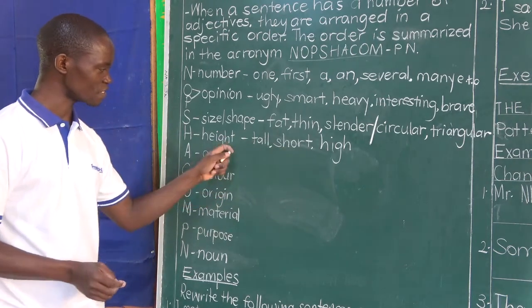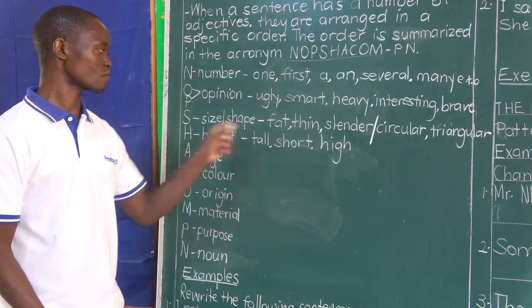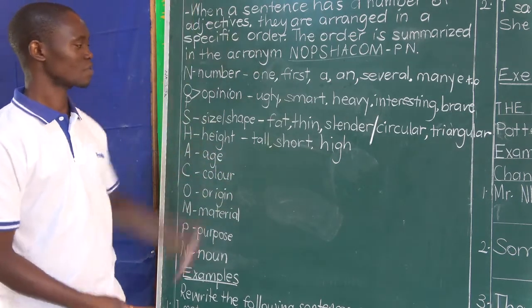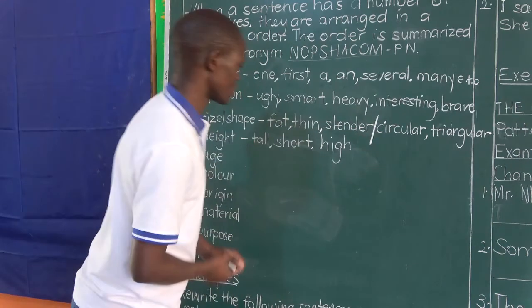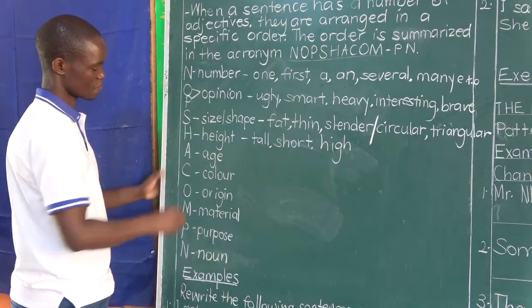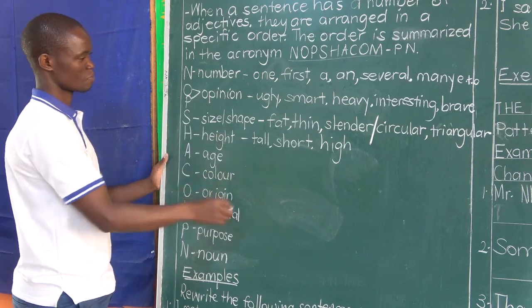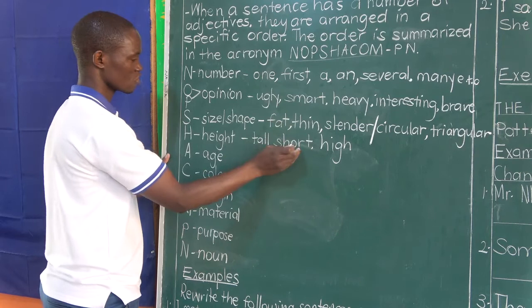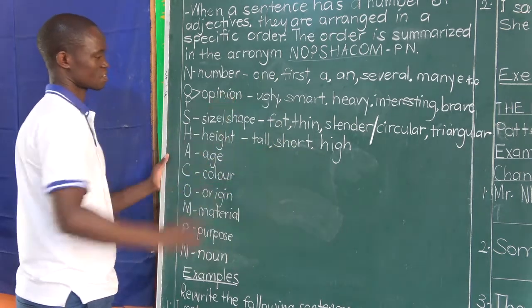Is long under height? No. Long will go to size because height is measured going up. Then length horizontally. So something measured horizontally cannot be under height. Height is measured going up. So long may be the opposite of short, but it is under size.